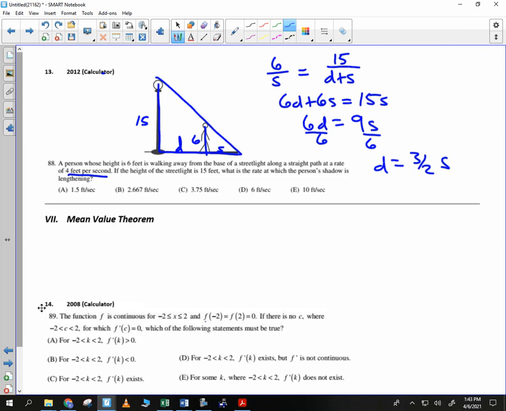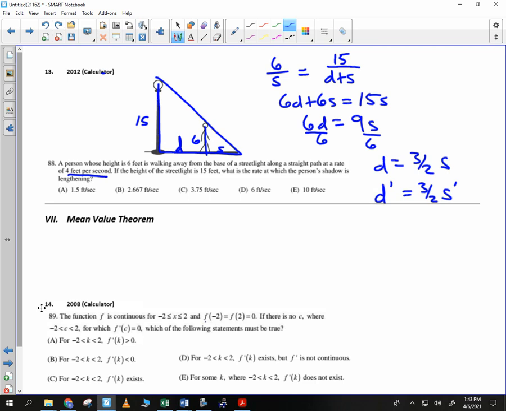That's always the case. But this problem involves D prime and S prime, so let's take the derivative. The derivative of D is D prime. The derivative of S is S prime. At what rate is his distance changing?